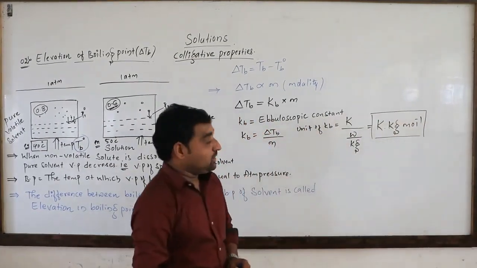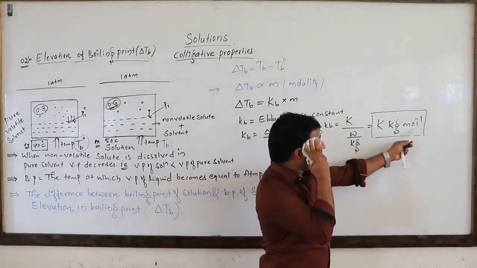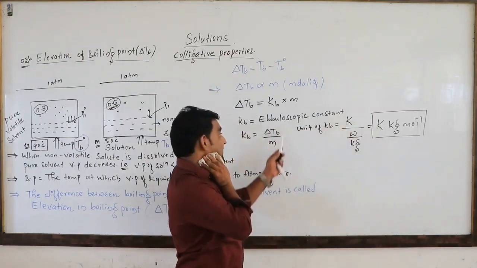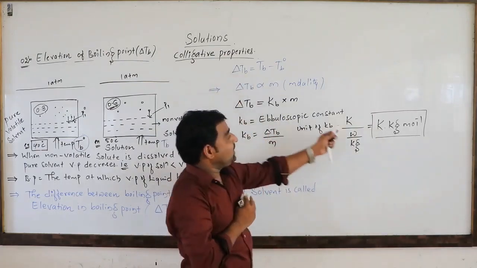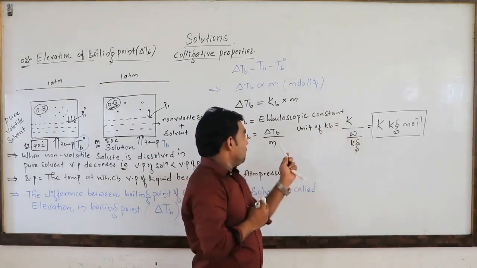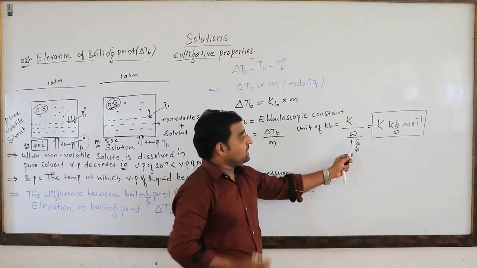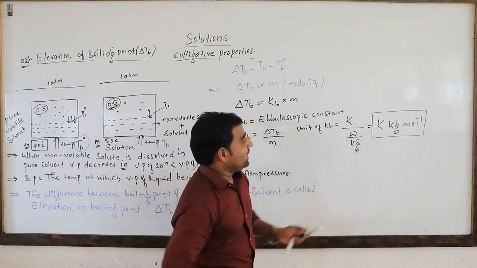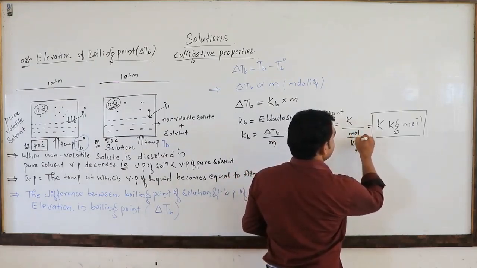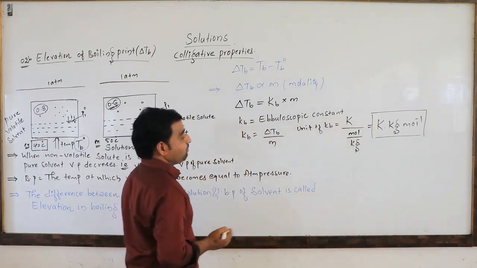Important for one mark questions, you have to remember the Kb unit is Kelvin kg per mole. Delta Tb is the change in temperature, denoted by capital K, that is Kelvin. Molality means the number of moles of solute divided by kg, so it is moles divided by kg, that is Kelvin kg per mole.